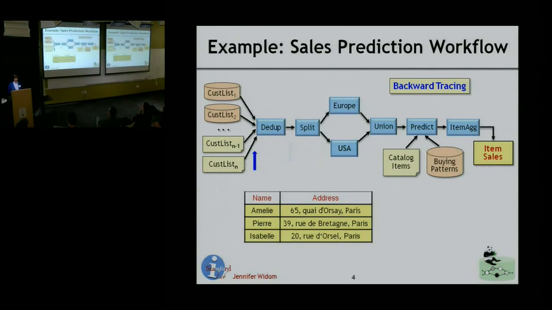So I go back entirely to find out where those customers came from. Obviously, those customers were from Paris, France, and they came from this customer list. So I can either fix that customer list to say that these people are from Paris, France, or I could fix this splitter, which sent them accidentally through the USA, and that's what added Paris, Texas to the data. Okay? Everybody follow that? Okay.